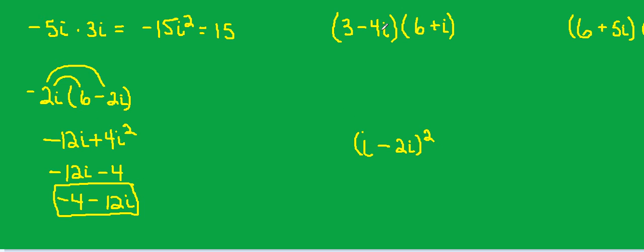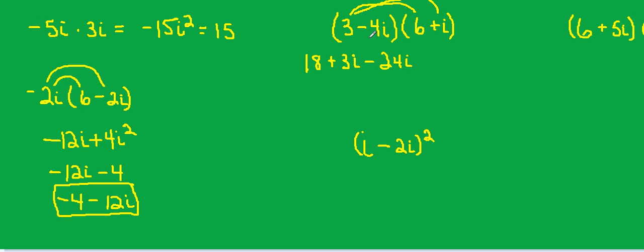How about we come over here and we'll do this, looks like it's a FOIL job here, right? So I got 3 times 6 is 18. Outside is 3 times i, which is plus 3i. What's inside? Negative 24i.